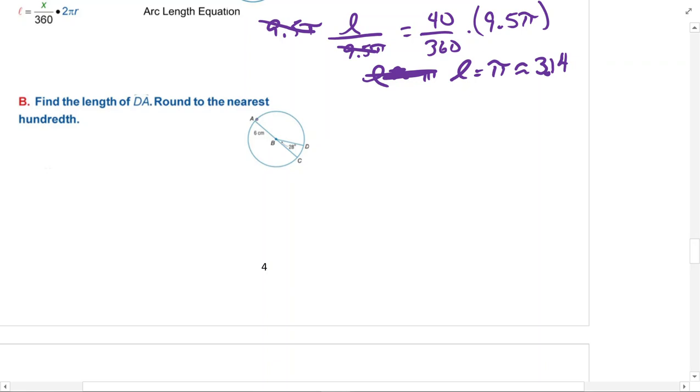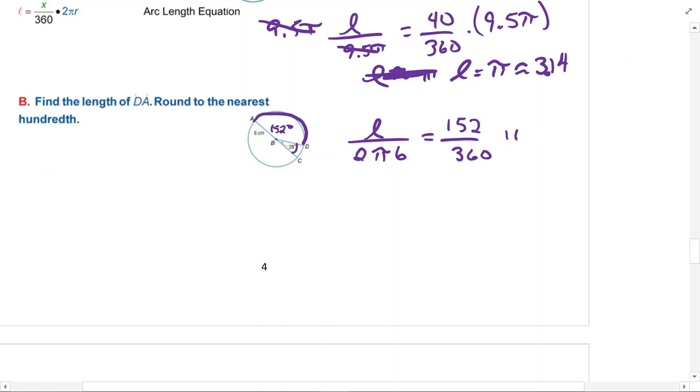We want to find the length of DA. If this angle is 28 degrees, that would make this angle here 152 degrees, because they have to add up to be 180. So we have the length over the circumference, 2 pi, and the diameter is 12, where the radius is 6, equals 152 over 360.